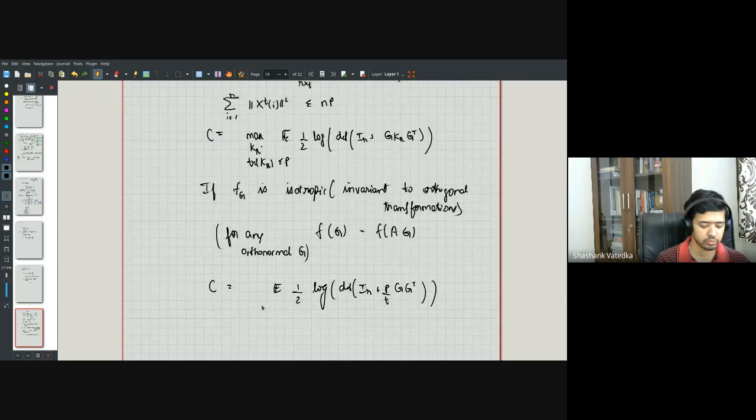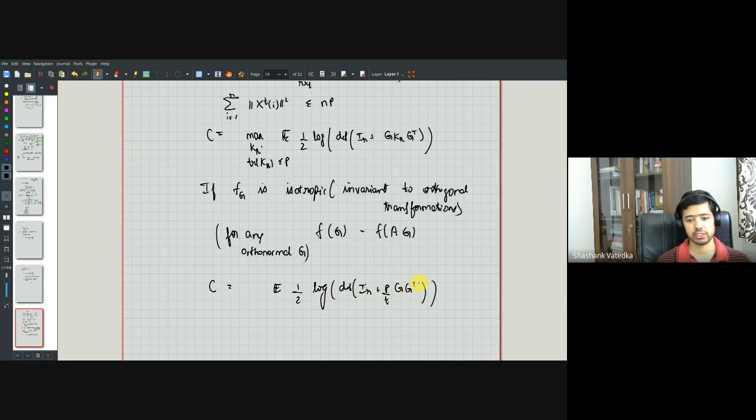Okay, so in case you read any papers on multi-antenna systems, then you will see this expression for the capacity, which is half log determinant of I plus P over T times G G transpose. But note that again, this is the capacity of the fast fading channel.